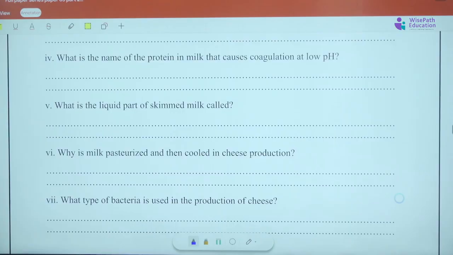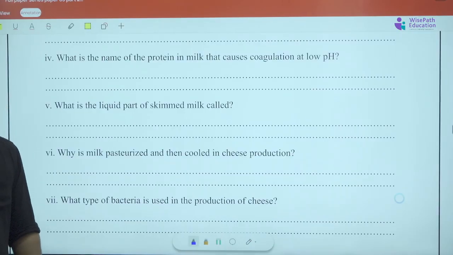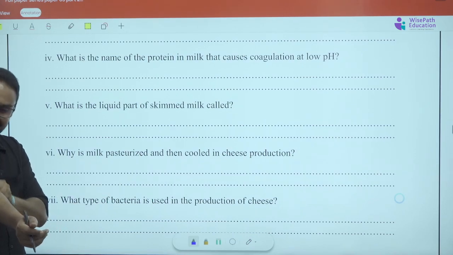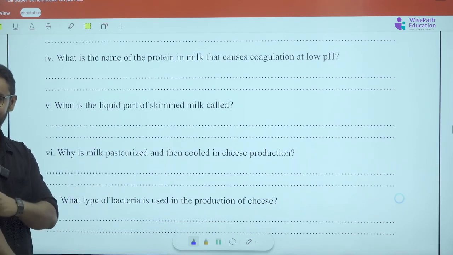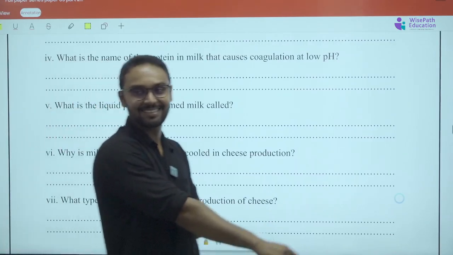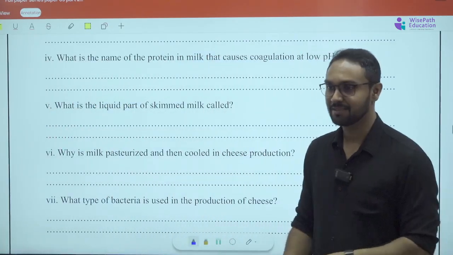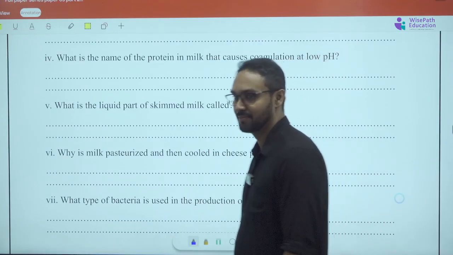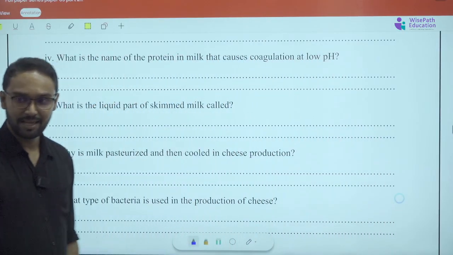What is the name of the protein in milk that causes coagulation at low pH? Bro, we discussed these things under biology. We even did the practicals in those days. What is the protein in the milk? Casein protein.